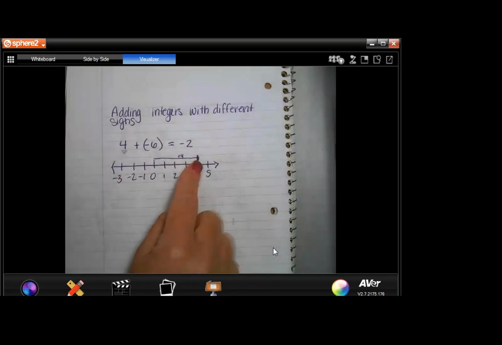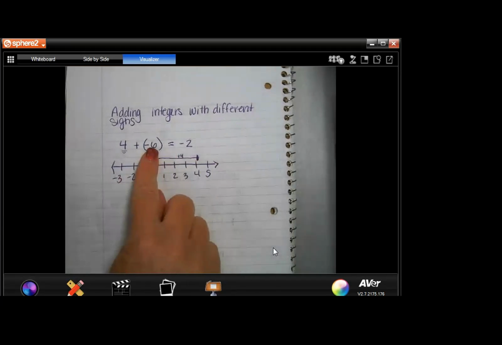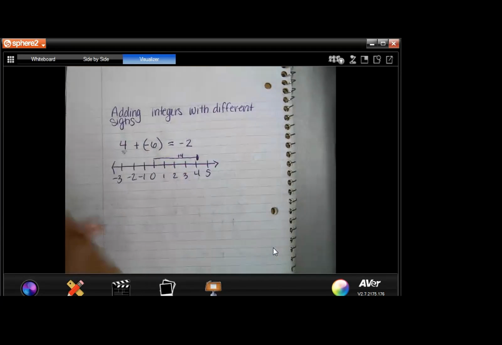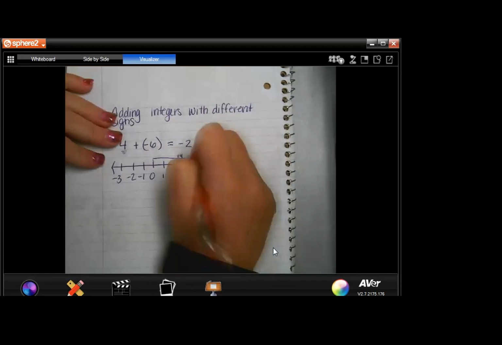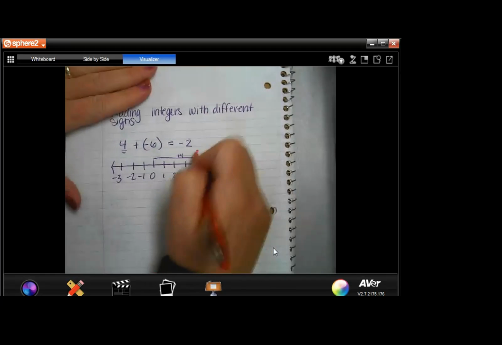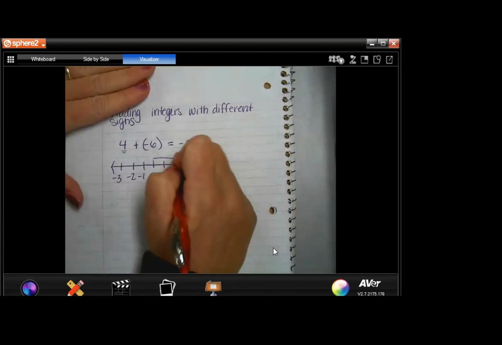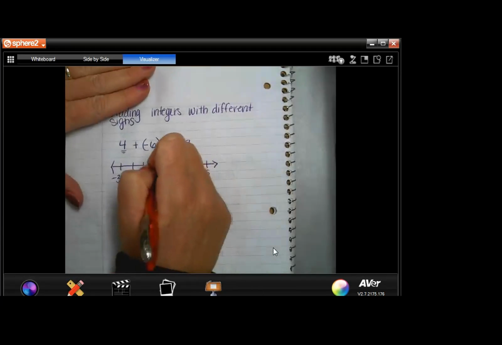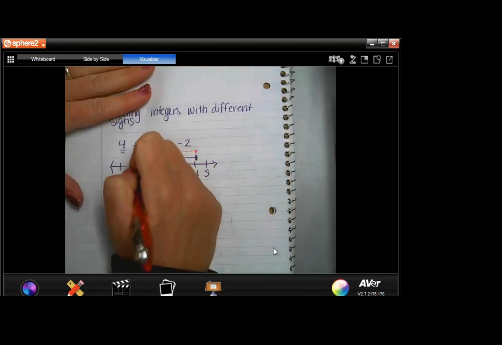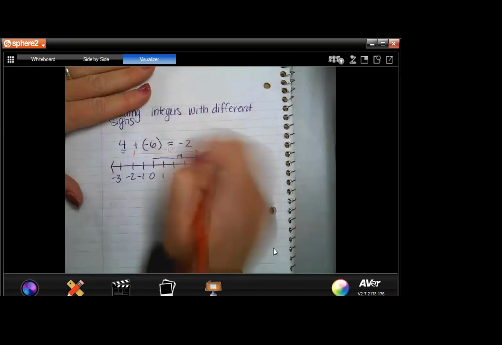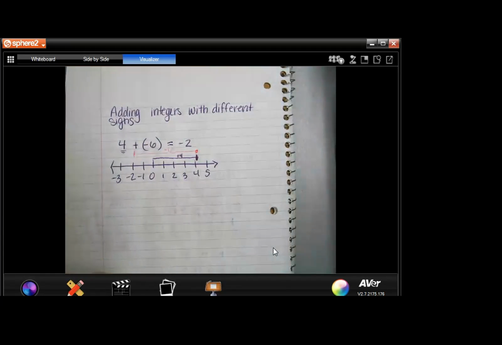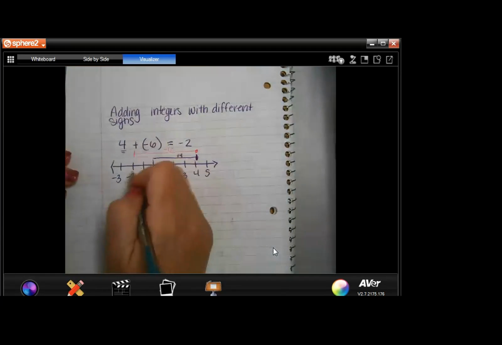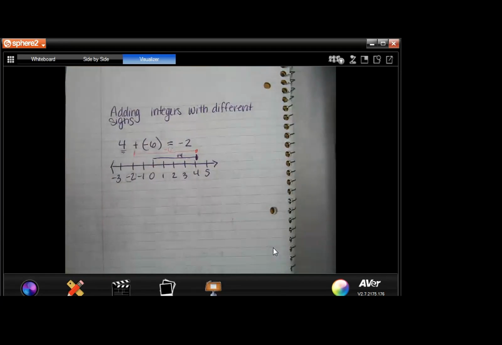Since the negative direction is this direction, I'm going to turn and go into the dark side. 6 numbers: 1, 2, 3, 4, 5, 6. So this is -6. And it lands on -2 right there.